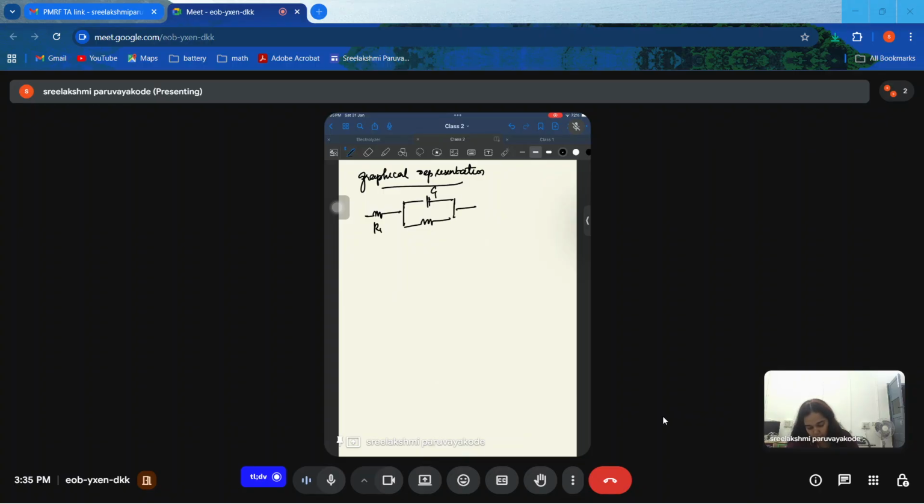This is R1, this is C1, this is R2. Okay. So this is called a simple Randles circuit.